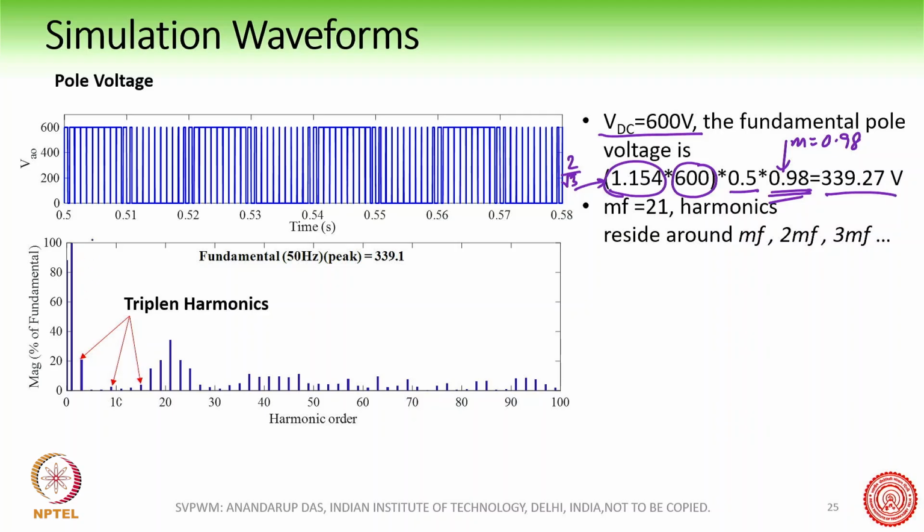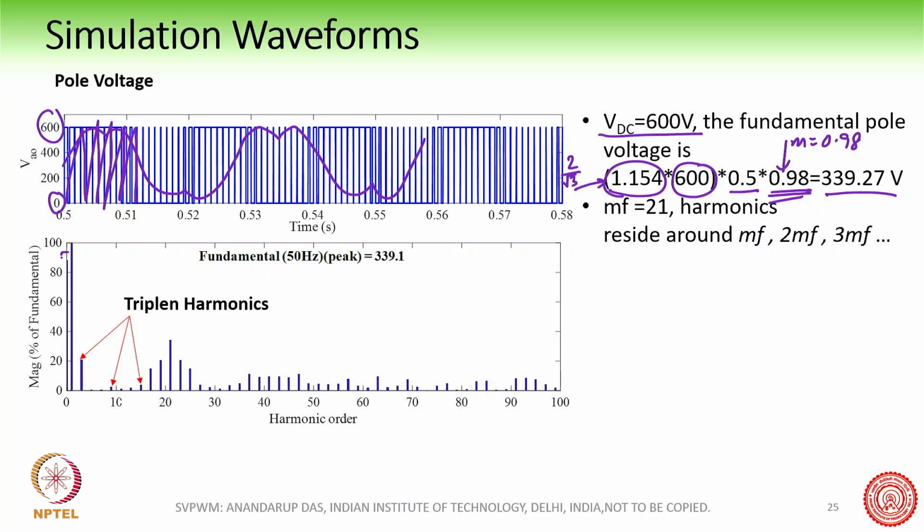You see here the pole voltage is between 0 and 600. It is switching using the space vector PWM. The switching is done in such a way. This is the switching happening, with the triangular wave which is very fast here, and then you get the pole voltage.